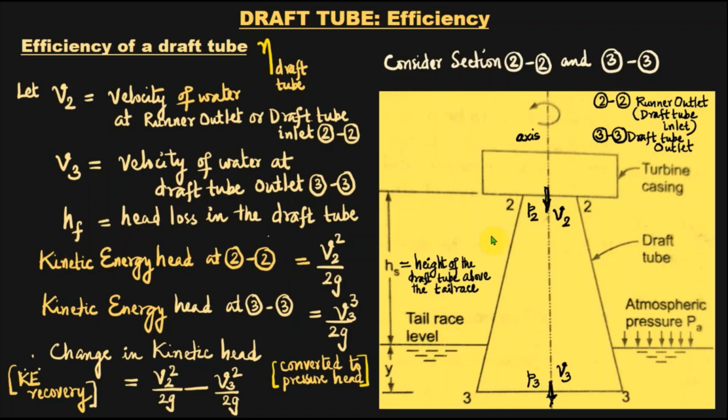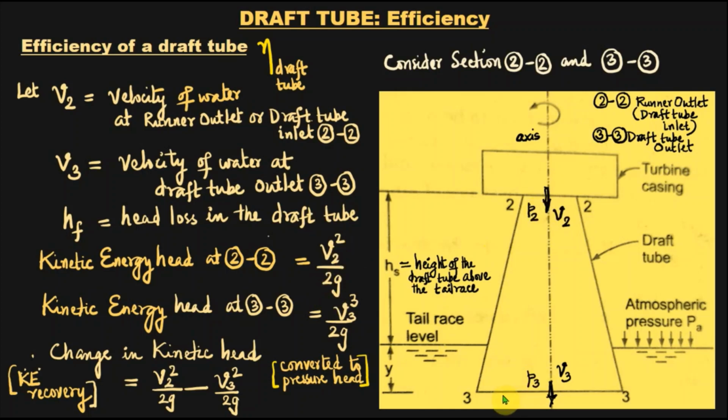And the kinetic head or velocity head at section 2, or outlet of the runner or inlet to the draft tube, is equal to V2 square by 2g, since V2 is the velocity. So when water is discharged from the runner exit, its associated kinetic energy can be expressed in terms of this kinetic energy head or velocity head, V2 square by 2g.